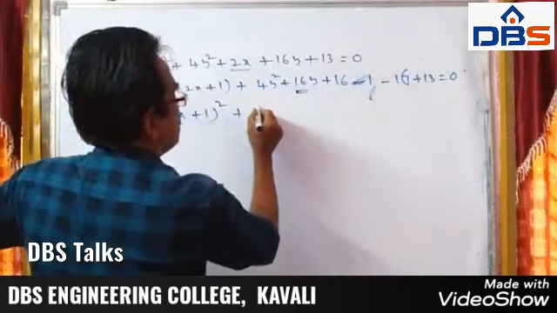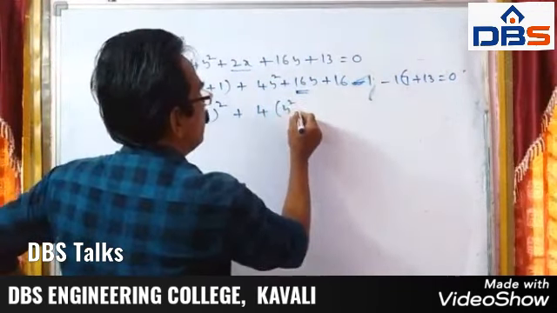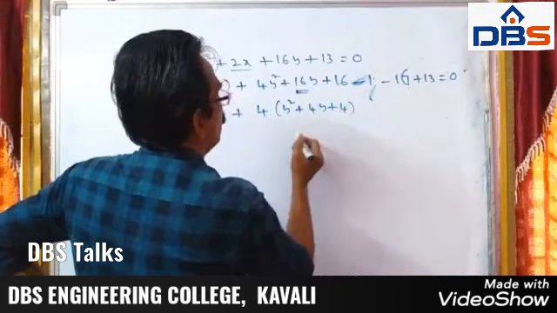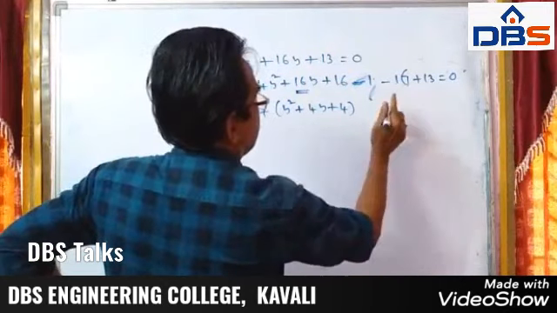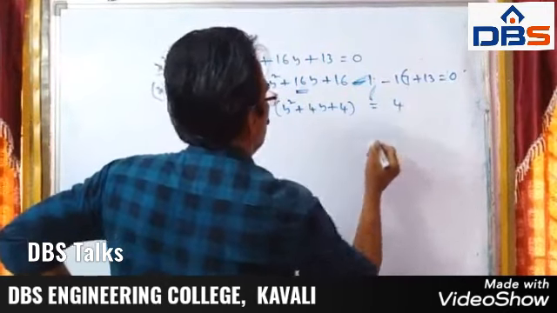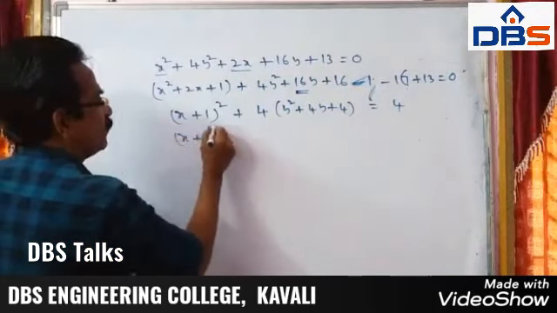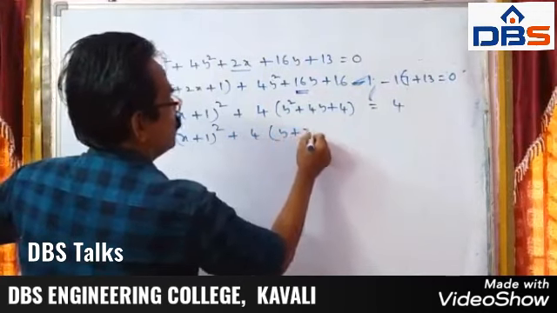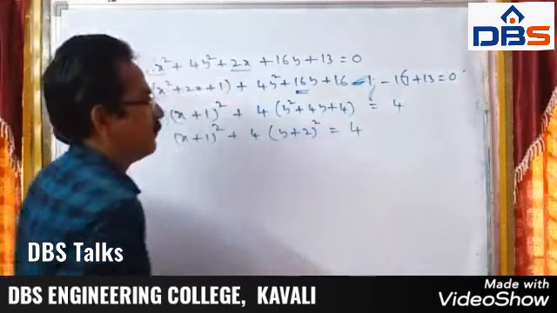Plus, we take 4 out, y square plus 4y plus 4, minus 17 plus 13 minus 4 is equal to 4. X plus 1 whole square plus 4 into y plus 2 whole square is equal to 4.